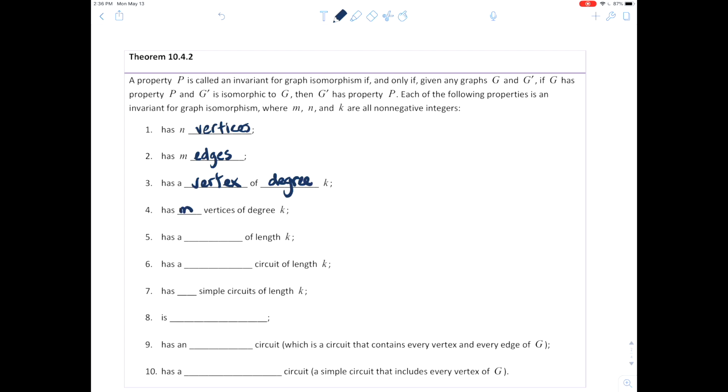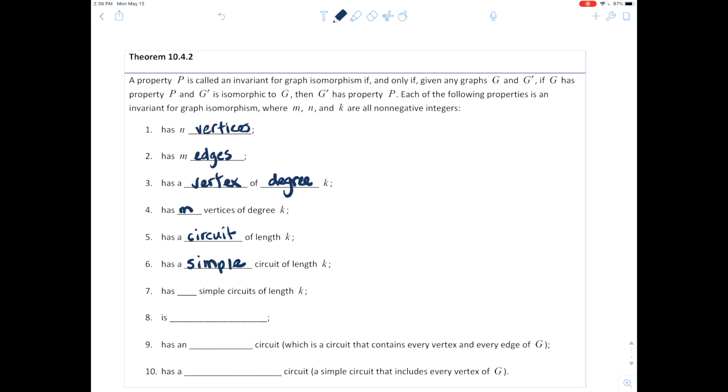Have m vertices of degree k, has a circuit of length k, and we covered circuits last time. A circuit is a closed walk that contains at least one edge. Has a simple circuit of length k. So a simple circuit is a circuit that doesn't have any repeating vertices except for the first and last.